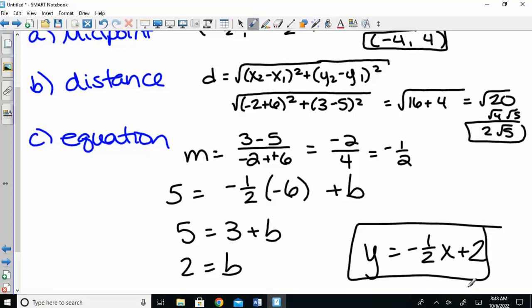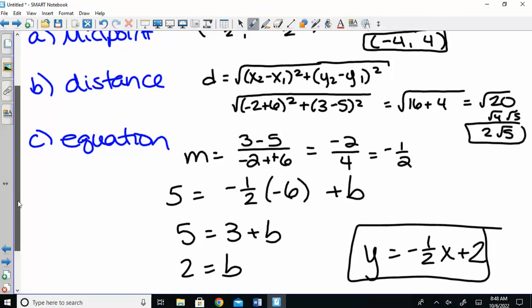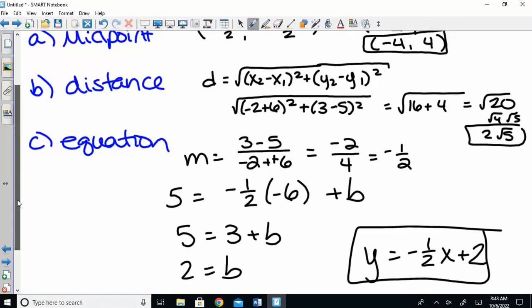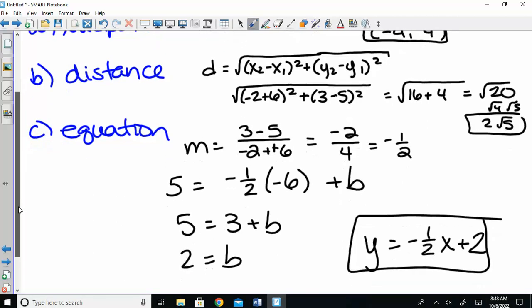I had 2. Well, I used the other point. She did. That's how she got 2.